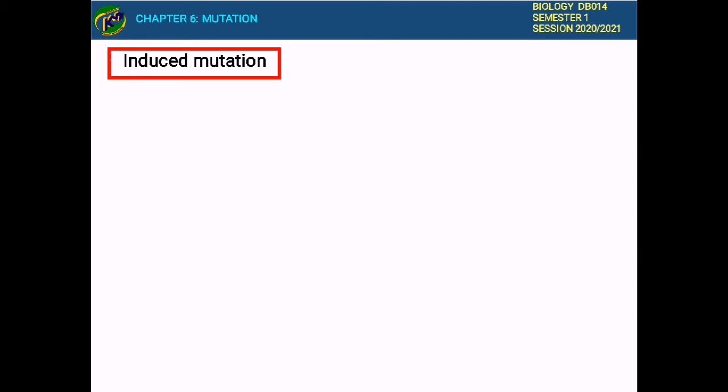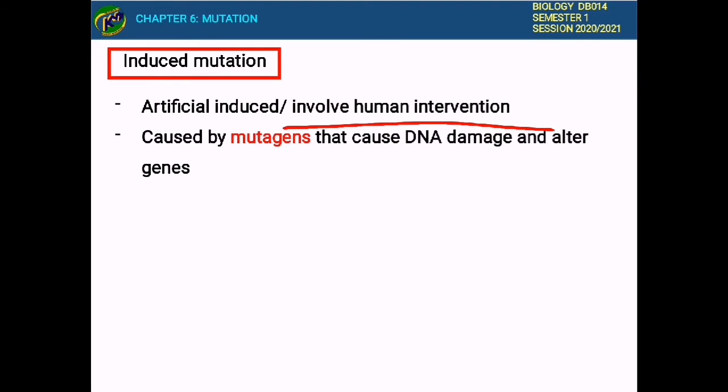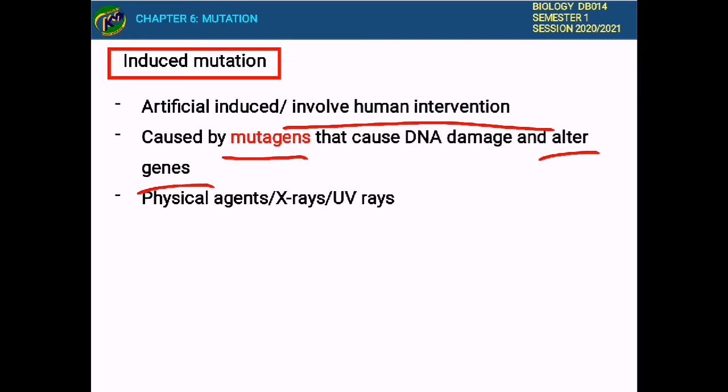For induced mutation, it is also artificially induced and it involves human intervention. It is caused by mutagen. Later on, we are going to discuss more about mutagen that causes DNA damage and alters the genes. Next, physical agent.